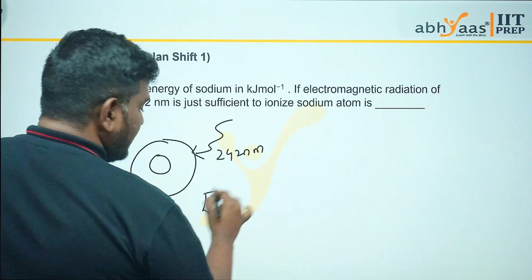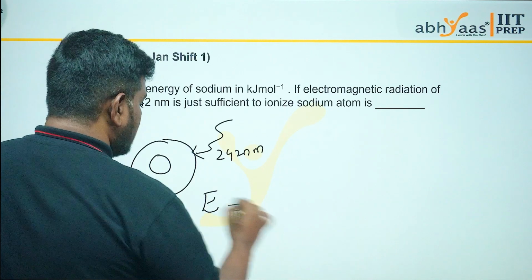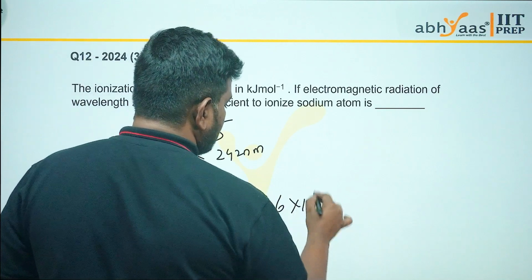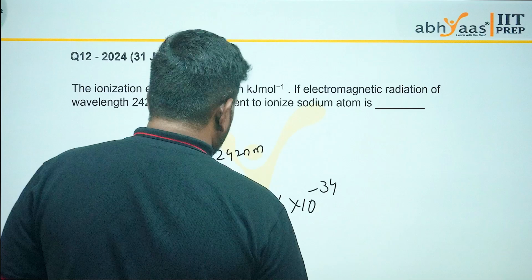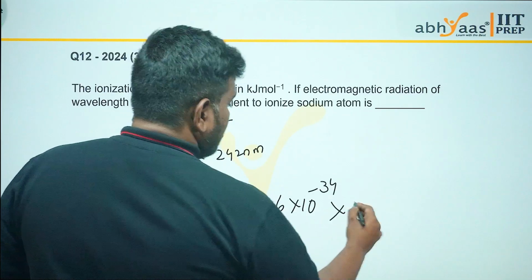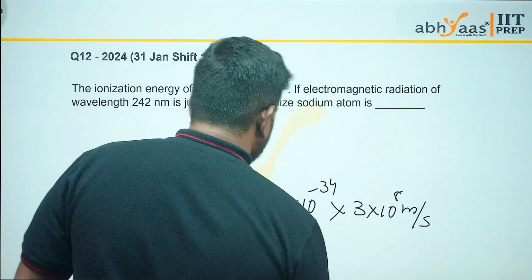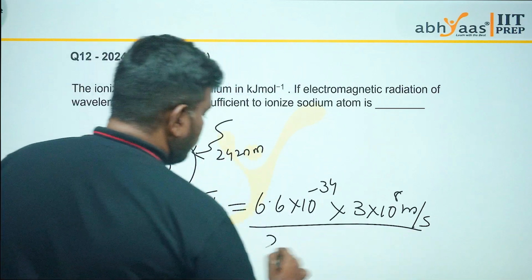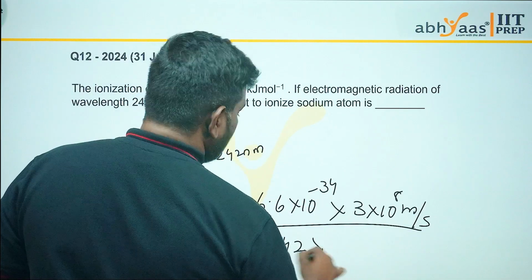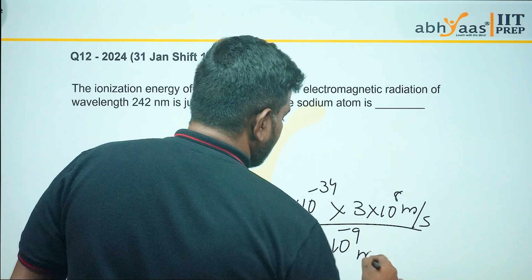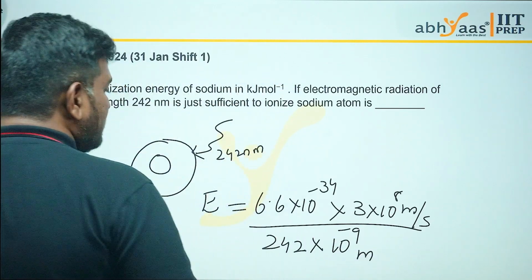So we are finding the ionization energy. h is Planck's constant, 6.6 into 10 raised to minus 34. c, you know, is 3 into 10 raised to 8 meter per second. Lambda is 242 into 10 raised to minus 9 meter, since it is in nanometer.